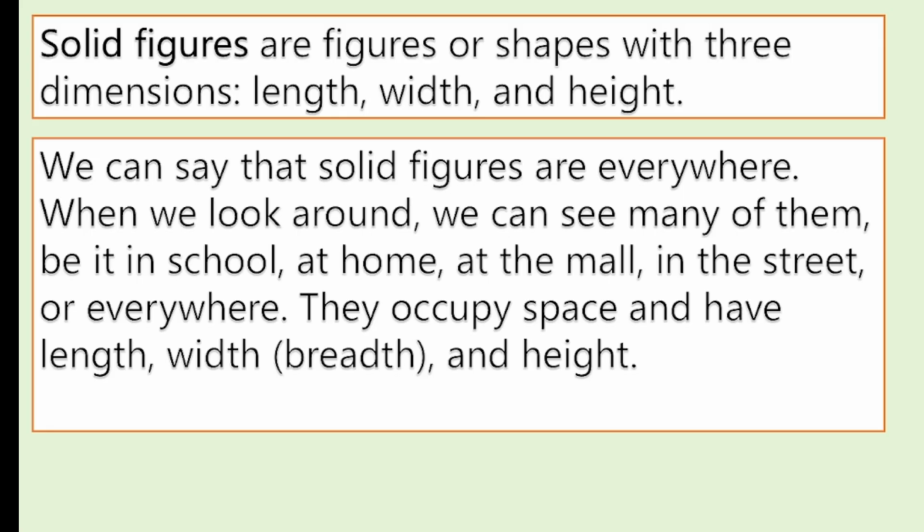Solid figures are figures or shapes with 3 dimensions: length, width, and height. We can say that solid figures are everywhere. When we look around, we can see many of them, be it in school, at home, at the mall, in the street, or everywhere. They occupy space and have length, width, and height.